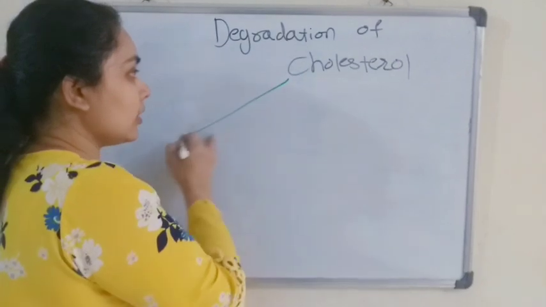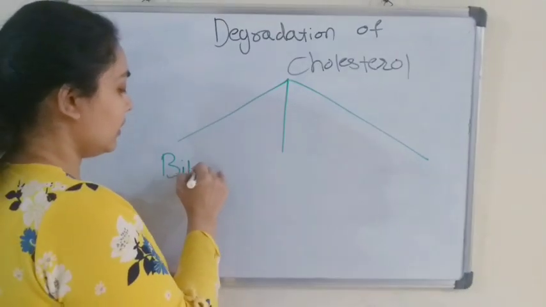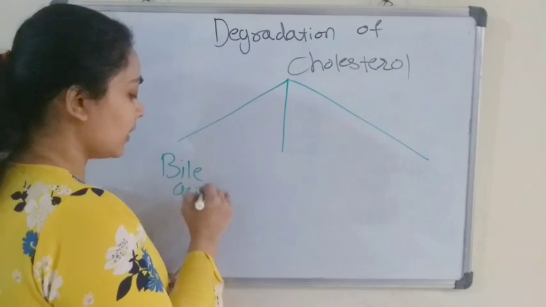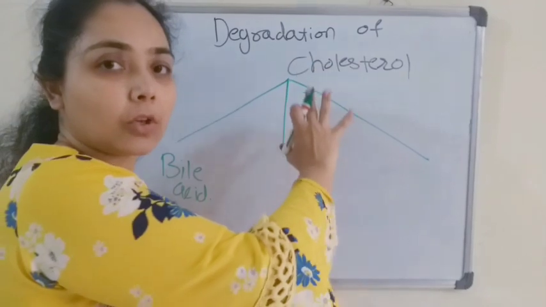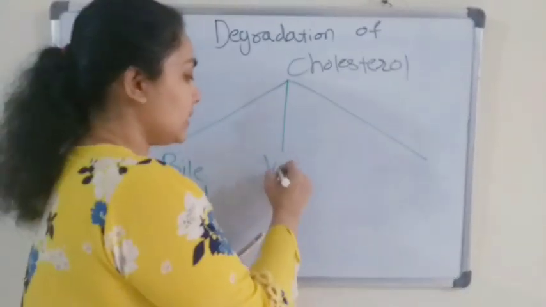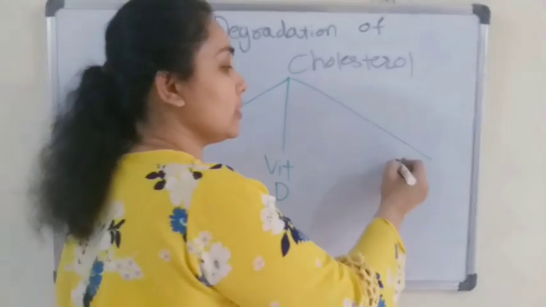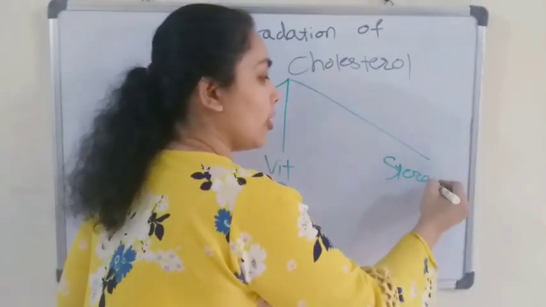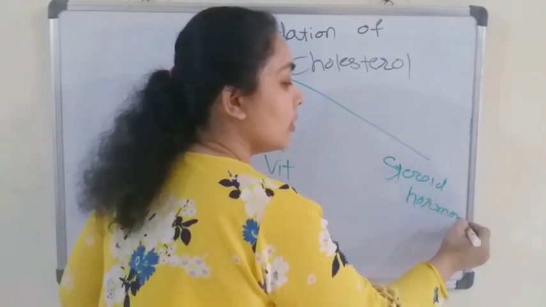After the degradation of cholesterol, we'll get bile acid and bile salt. Mostly 50% of the degradation of cholesterol will convert into bile acid. It acts as a precursor of vitamin D and of various steroid hormones.